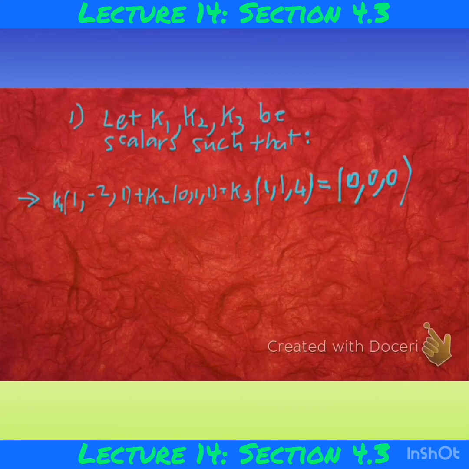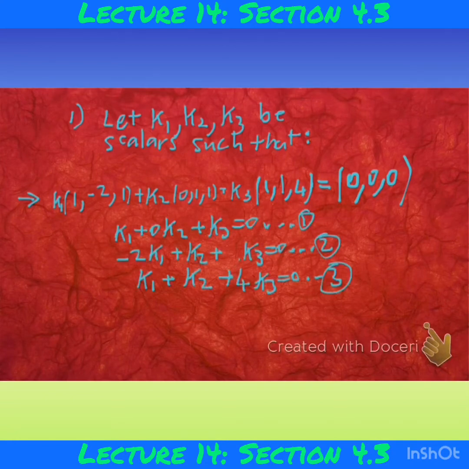Right, so the only way we can establish this is by actually going and solving for K1, K2, and K3. So we can set up 3 equations. All right, so there we've got our 3 equations.